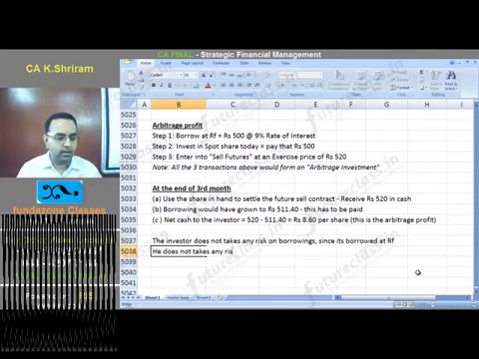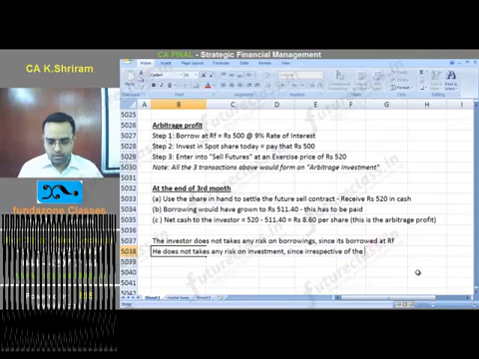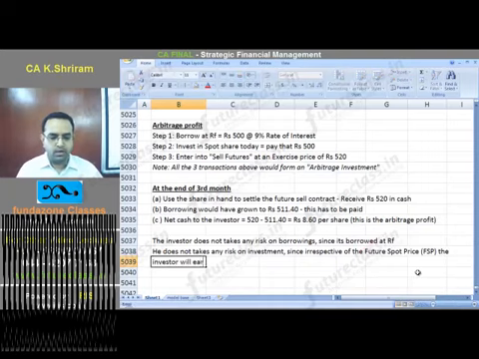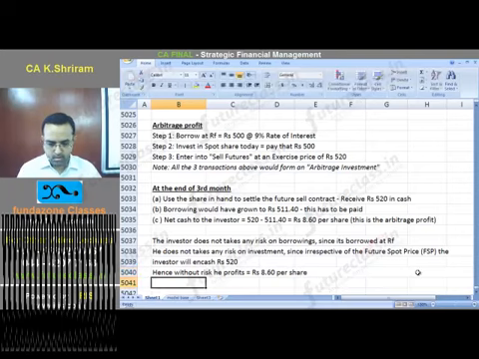He does not take any risk on investment since irrespective of the future spot price, the investor will earn 520. Hence, without risk, the profit is 8.60 per share.